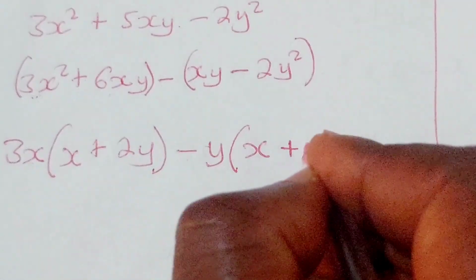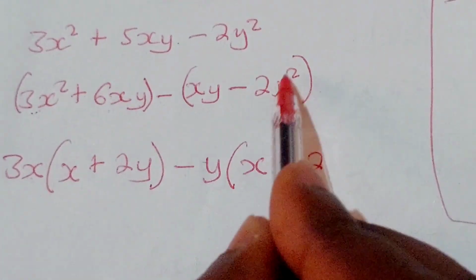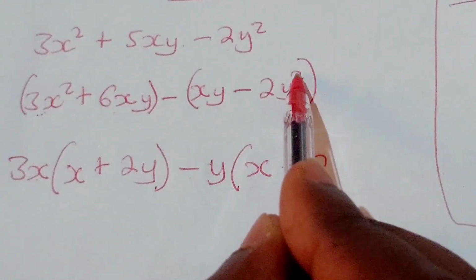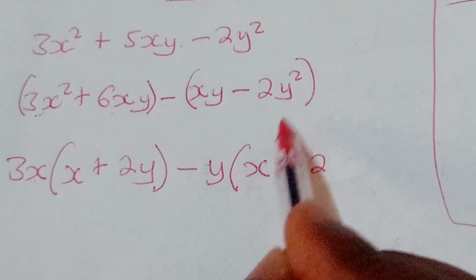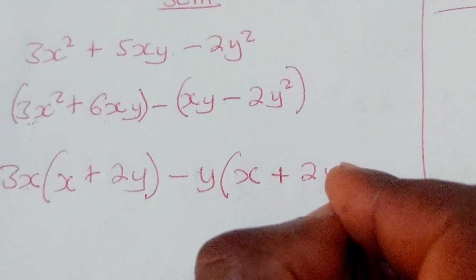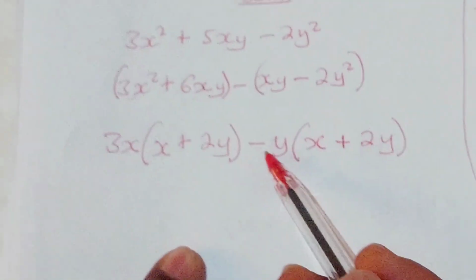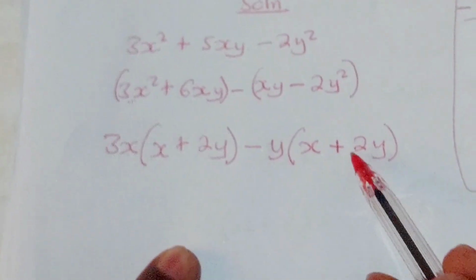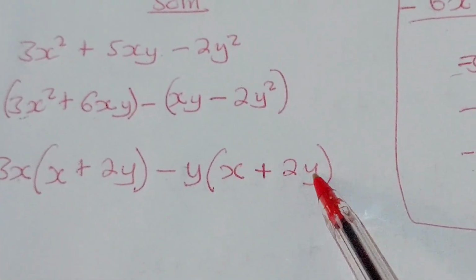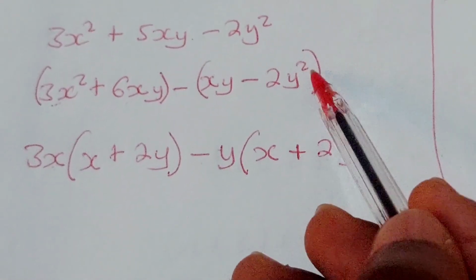So we put 2 here, and the y, because there are 2 y's here, y is squared. Now we have removed one y which is appearing outside, so we remain with another y. Then we close the bracket, so that when we multiply negative y by positive 2y, we get negative 2y squared.